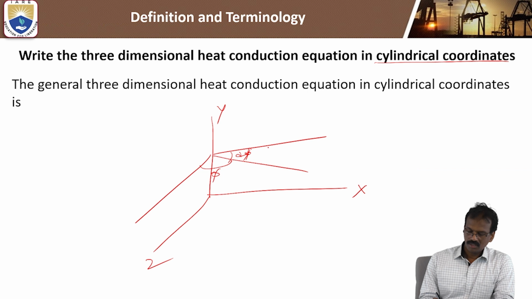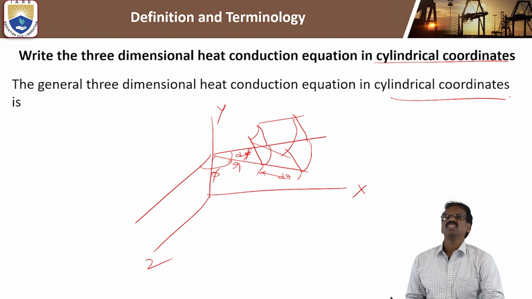So from here we are taking a small elemental area. The distance is equal to radius r, and the thickness is equal to dr. So this is the elemental area of the cylindrical coordinate system.